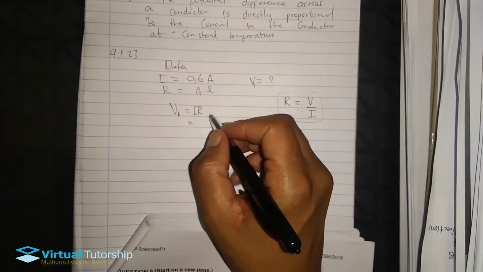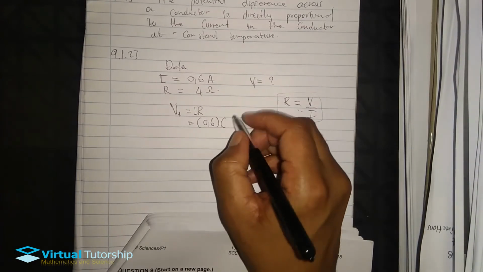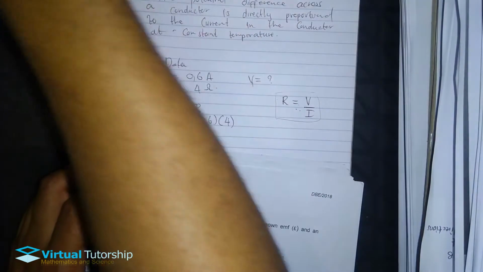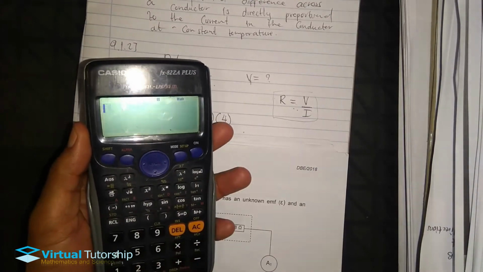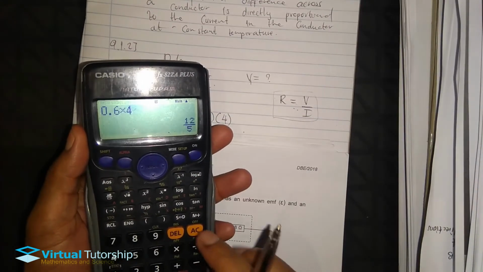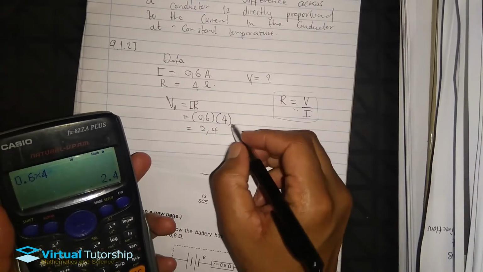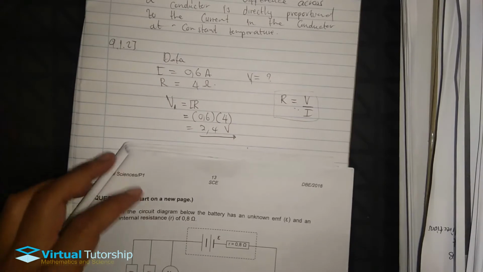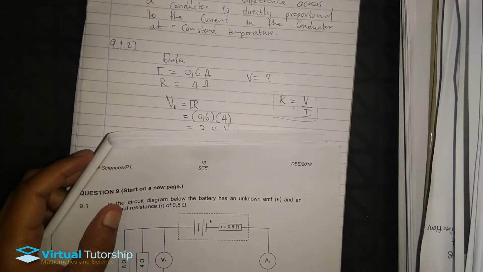So V1, on the calculator, I, current is 0.6 times the resistance of 4. Answer here, 0.6 times 4 is equal to 2.4 volts. So the voltmeter reading on V1 is 2.4 volts.